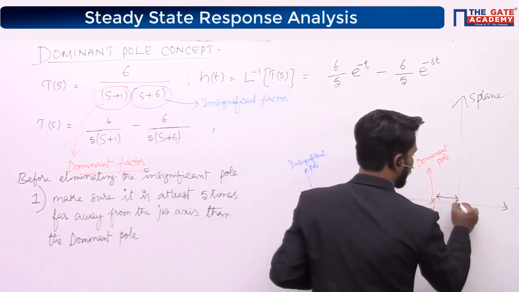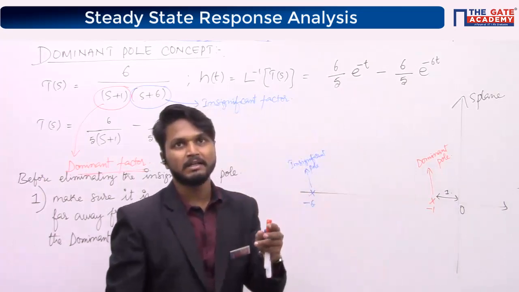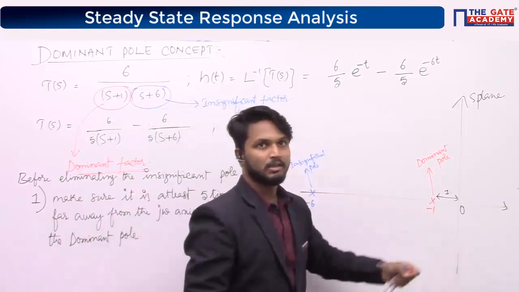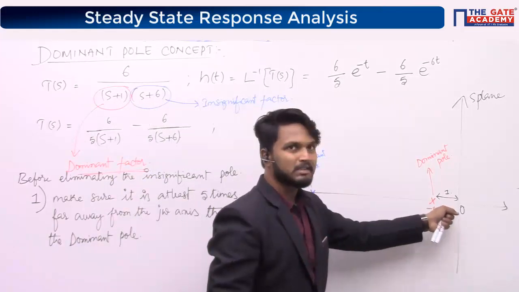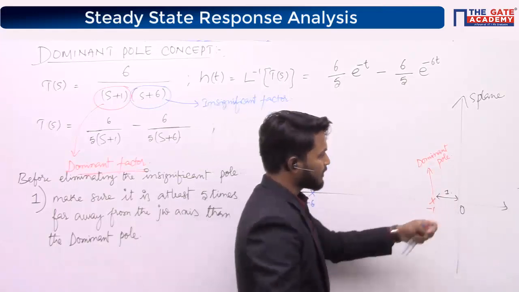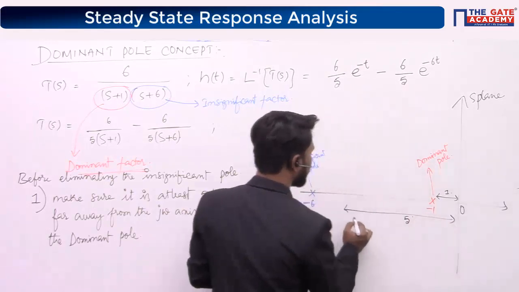The distance from the dominant pole to the j omega axis, how much is it? It is 1 unit. The insignificant pole must be at least 5 times farther as compared to this. See, what is its distance from the j omega axis? It is 5 times 1, which is 5, right?